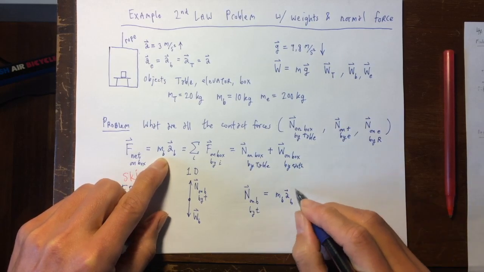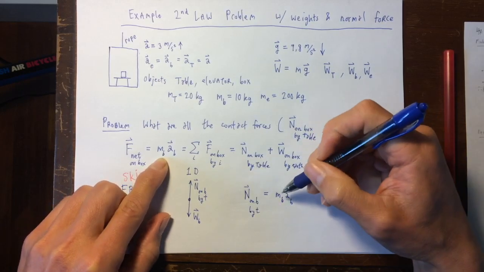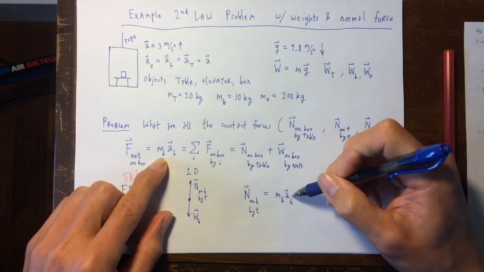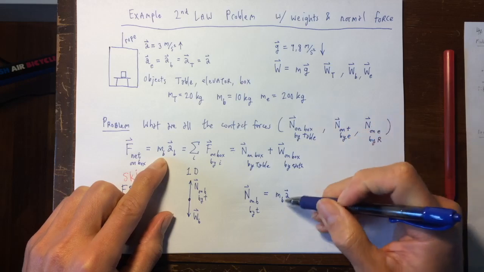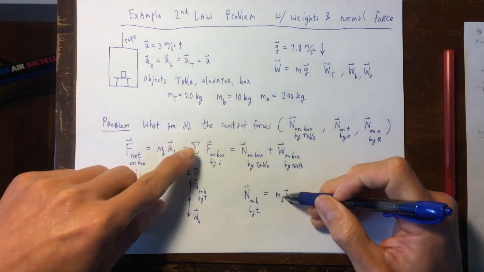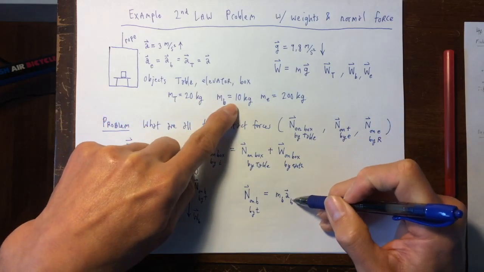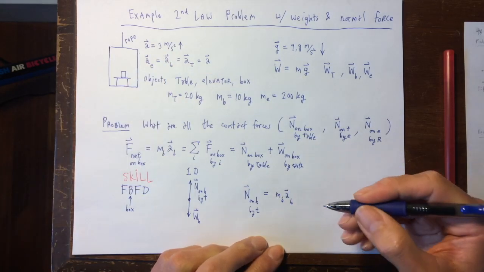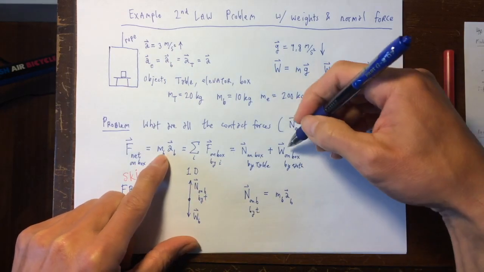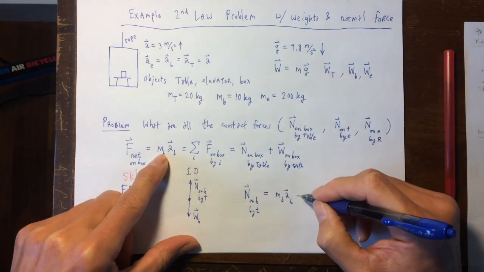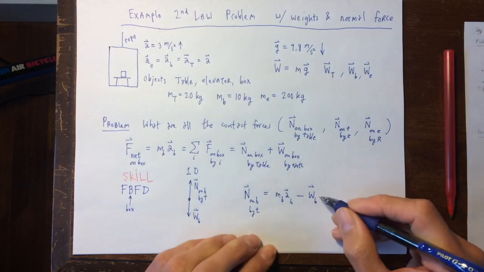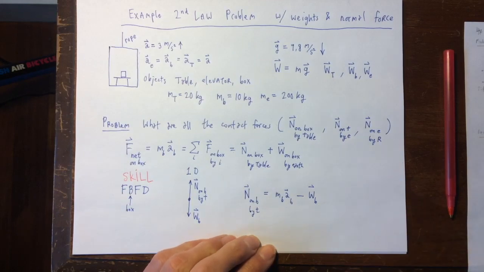So this is the F net equals ma part. So this is mass of the box times the acceleration of the box. The mass of the box is right here, and the acceleration of the box is right there. So I know all the details of this. There it is. But I have to subtract. So minus the weight force acting on the box, excuse me.